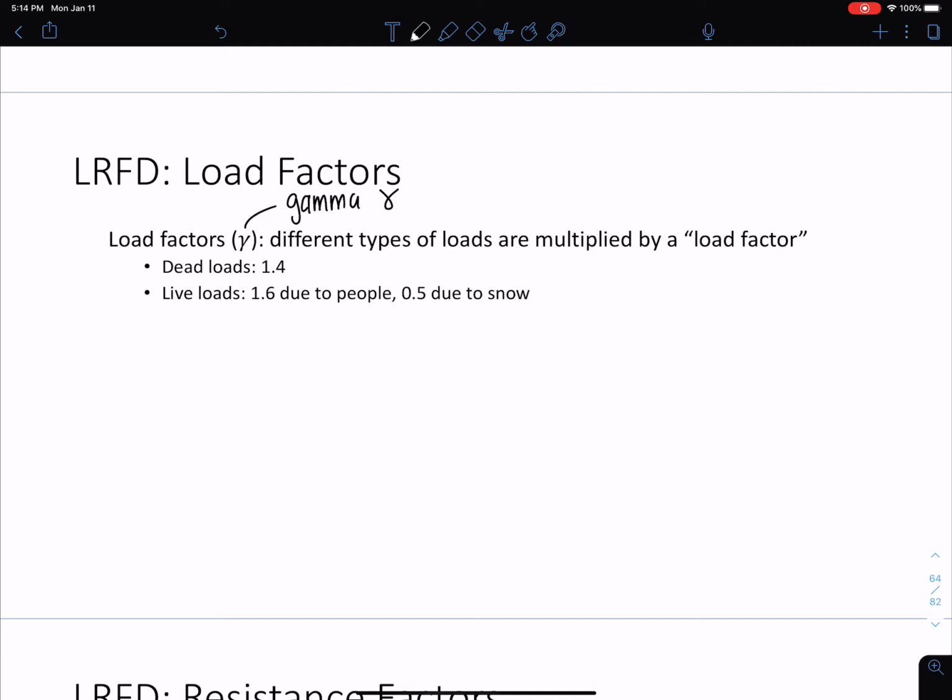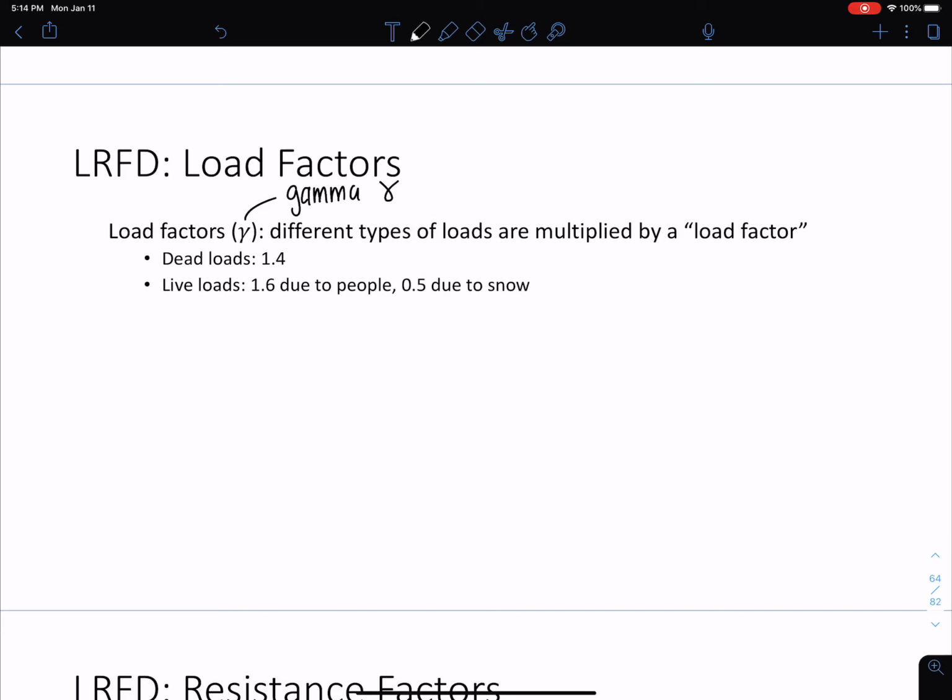Okay, so let me write this here. Let's say, for example, I have some total load. I'm going to call the total load R, okay? And I have the total load would be equal to whatever my dead load is, plus whatever my live load is, plus maybe whatever my snow load is, let's say.